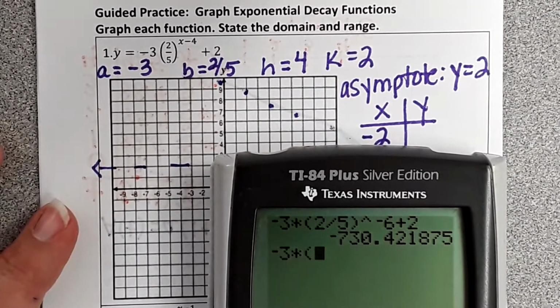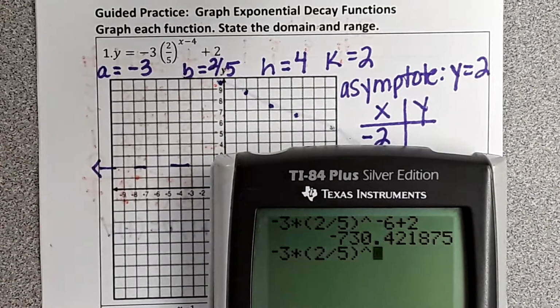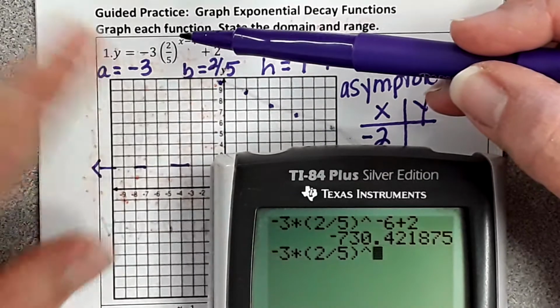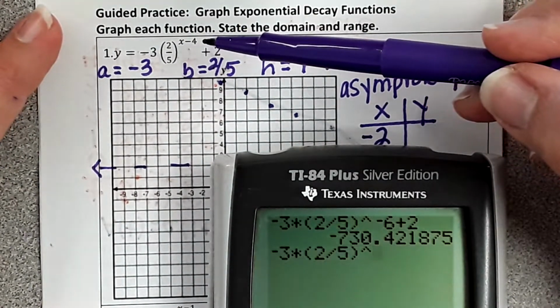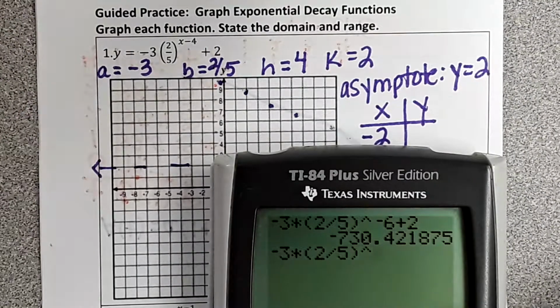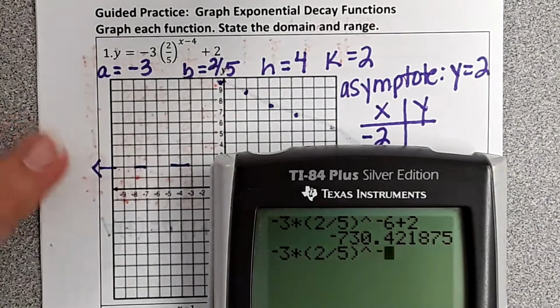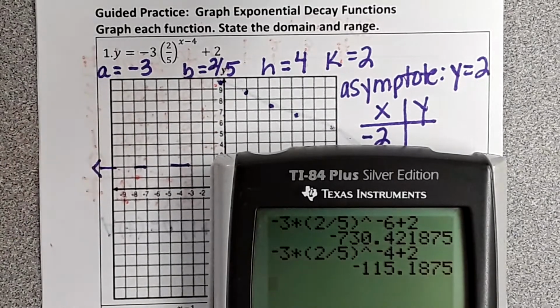-3 times 2/5. And now to get my exponent, I'm going to put in 0 for x. So what is 0 minus 4? Positive or negative? So I'm going to put -4, plus 2. Well, that still didn't work. So that was 0.